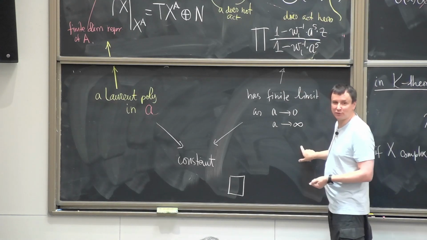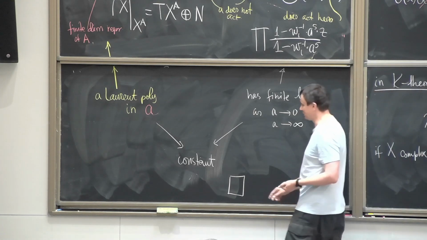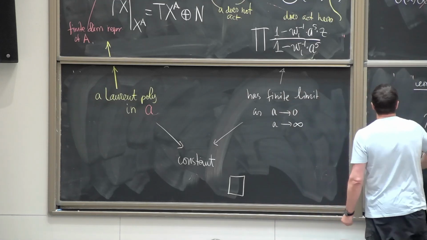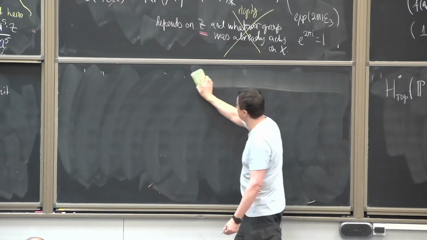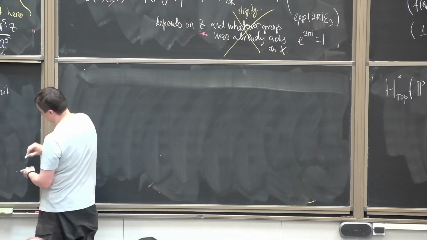But you can learn more from this proof. One thing you can learn from this proof is that if you let A go to infinity, you learn something. Now, what is this? What's the limit of that?